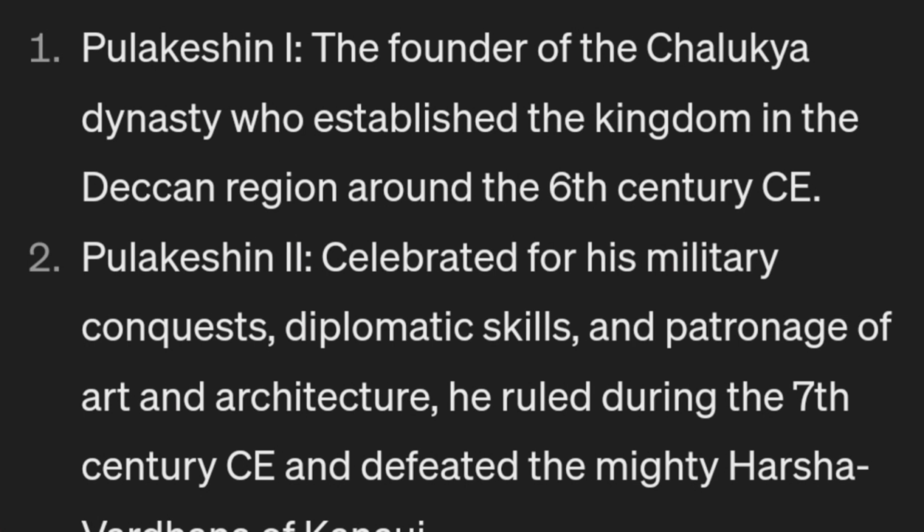Kirtivarman expanded his empire by defeating the Kadambas in the south, the Mauryas of the west coast, as well as the Nalas. So he expanded the empire in the north-south direction and also in the east-west direction. After Kirtivarman died, his son Pulakesin II was a minor, so Kirtivarman's brother Mangalesh ascended the throne.